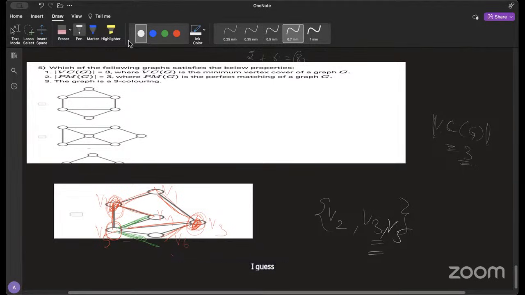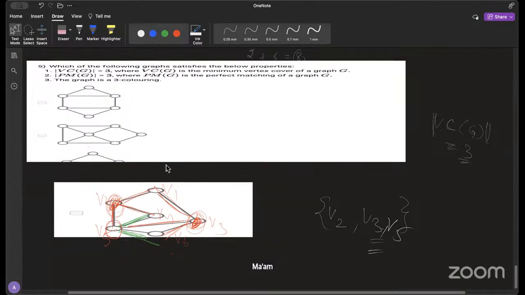We got a mail saying tomorrow there is a class at 4 o'clock discussing the mock, but we didn't get any calendar link. Did no one receive a calendar link for tomorrow's mock discussion? The mail had come for 4 to 6, but at least I didn't get any calendar. Ma'am, can you please explain the perfect matching? One second, please. It's updated in the calendar.